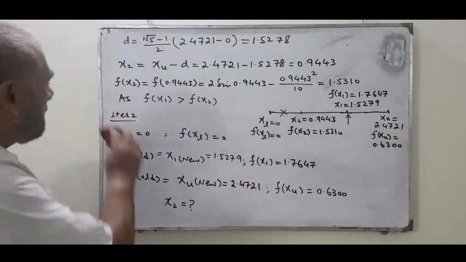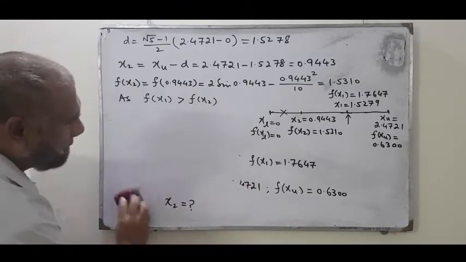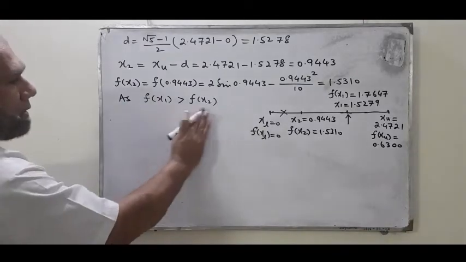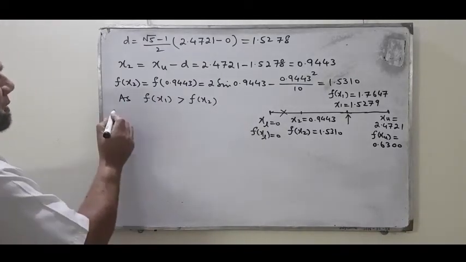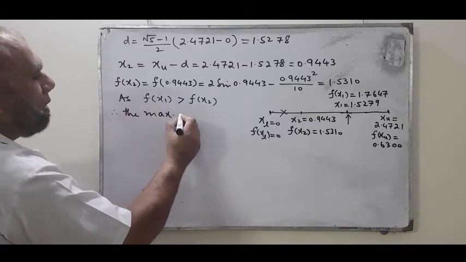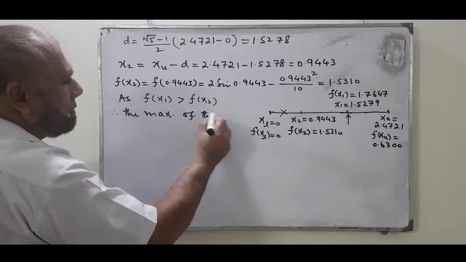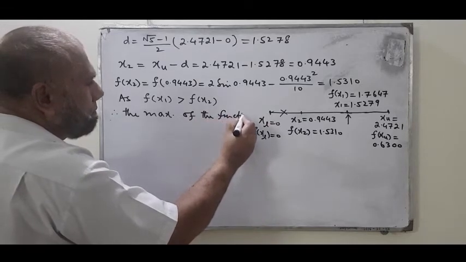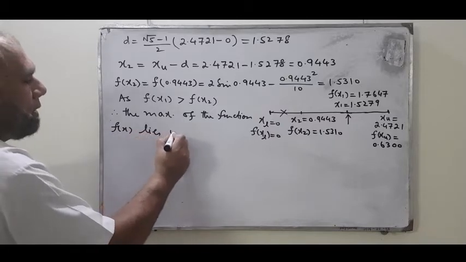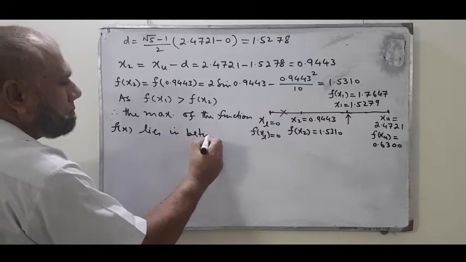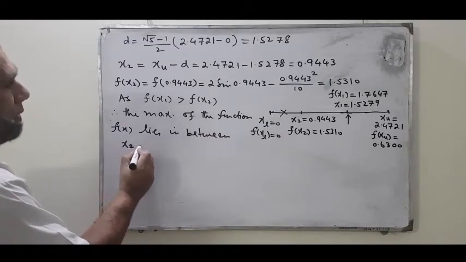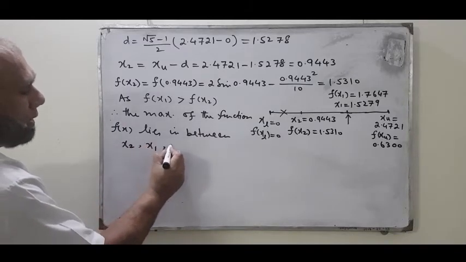So here we write down all this by saying, as this condition holds, f(x1) is greater than f(x2), therefore the maximum of the function f(x) lies in between the 3 new points x2, x1 and xu.